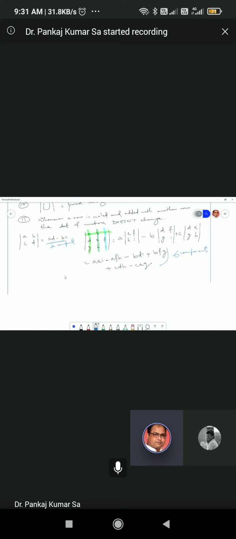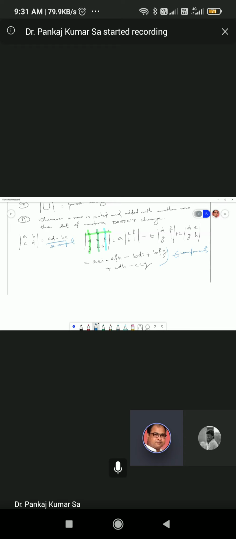And if you check, it is like A times determinant of a submatrix, B times determinant of a submatrix, C times determinant of a submatrix. So I have frozen one row and all the submatrix combinations are evaluated. And the lowest submatrix that I am taking is 2 cross 2.